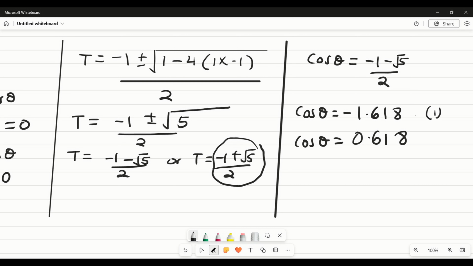Now, to get the value of theta in the first case, theta equals cosine inverse of, ignoring the negative to get the reference angle, 1.618. Let me call it the reference angle to help me find my value of theta.